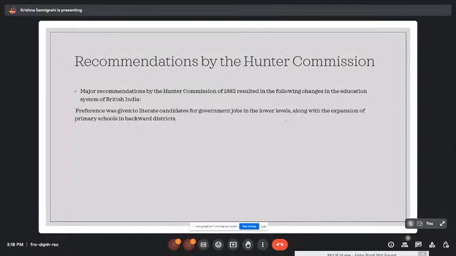And the main recommendation made by the Hunter Commission resulted in the following changes, wherein preference was given to literate candidates for government jobs at the lower levels, along with expansion of primary schools in backward districts. So you can see how English slowly got into the texture of Indian literature, which comes into form later on, but the roots are there over here.